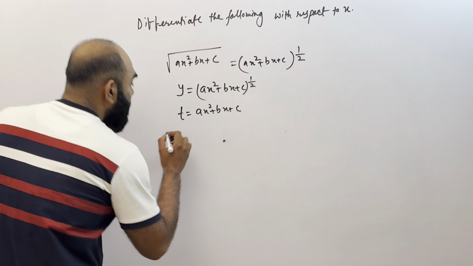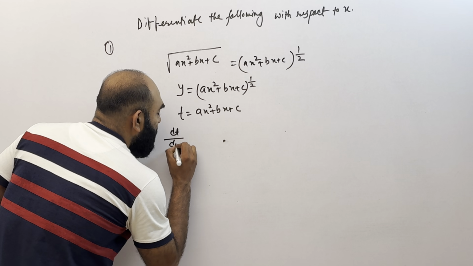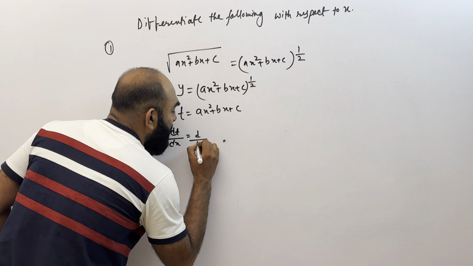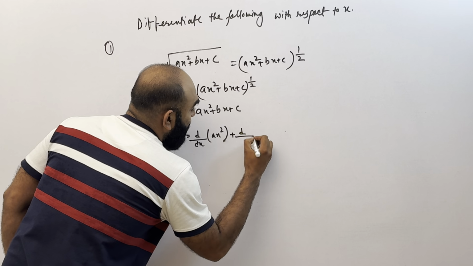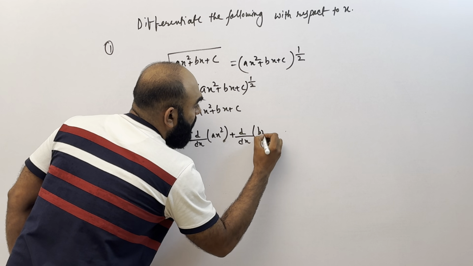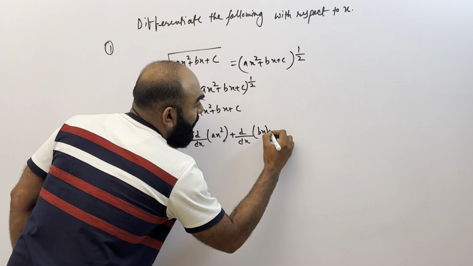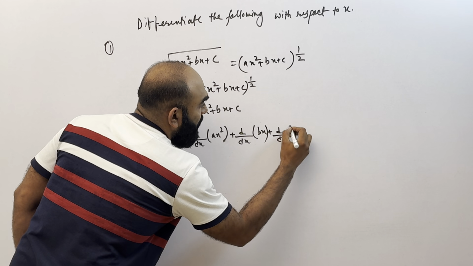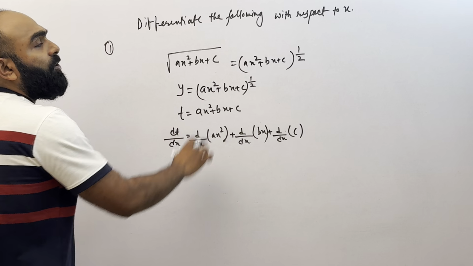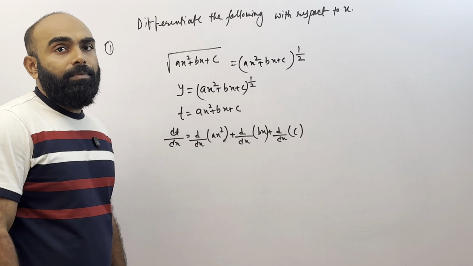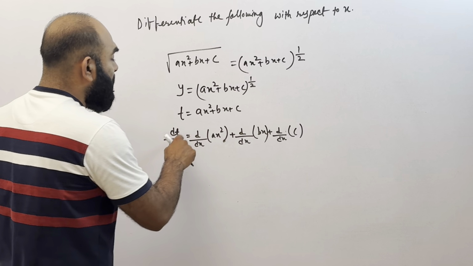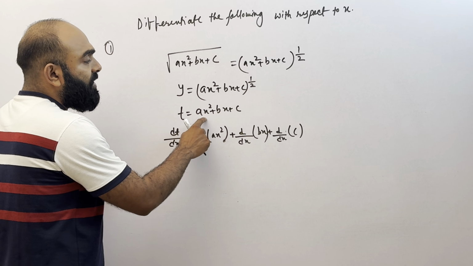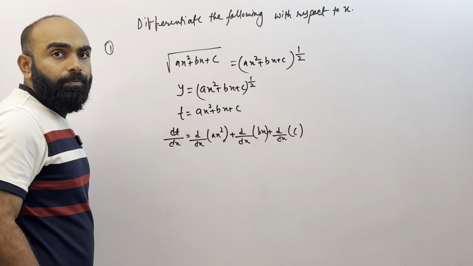So dt by dx is equal to d by dx of ax square plus d by dx of bx plus d by dx of c. I told you, differentiation is distributed over plus and minus. You can see this d by dx is distributed on ax square, bx and c also.